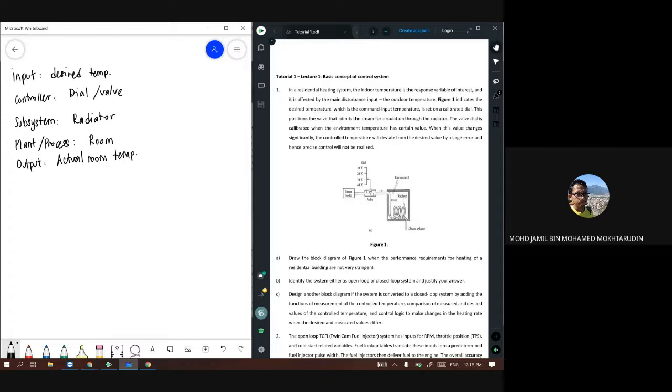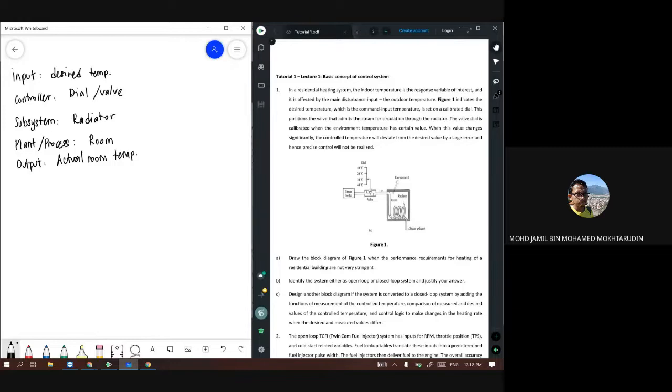Okay, and then when we want to draw the block diagram, we need to identify first whether this is an open loop or closed loop. Based on the description, if you look at the last sentence, when this value changes significantly, then the control temperature will deviate from desired value by a large error.